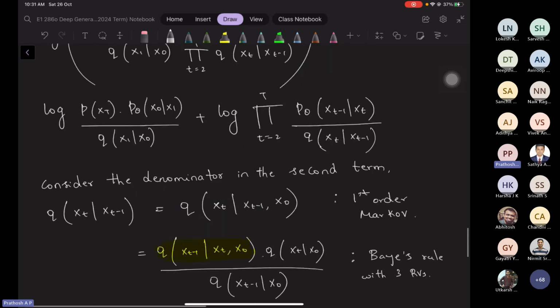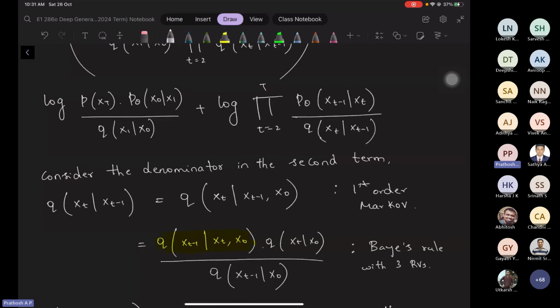What did we do? Please note again. We had a q of xt given xt minus 1 term in one of the terms in the ELBO. We wrote that q of xt given xt minus 1 by conditioning xt minus 1 on x naught. That is okay because it's Markovian.